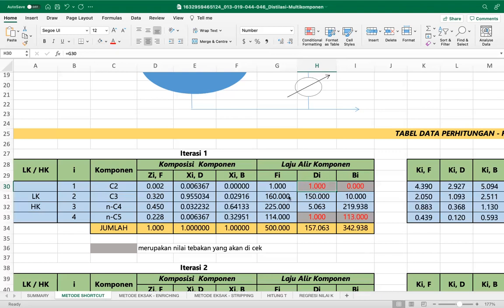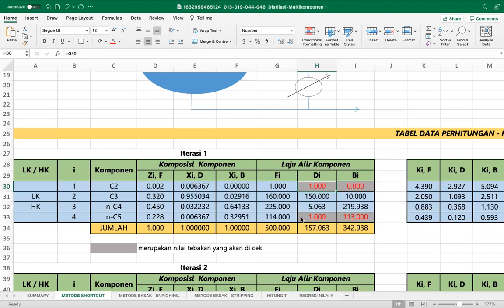Because 150 of 160 goes to the distillate, so much goes to the distillate, they assume that a component lighter than that, all of it must vaporize. That is how to make your assumption. But for example, if I want to assume maybe only half of it goes to the distillate, you can do that as well, because this is an iteration, a guessing value.